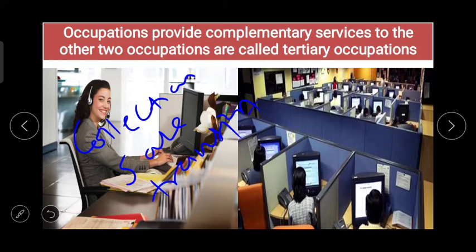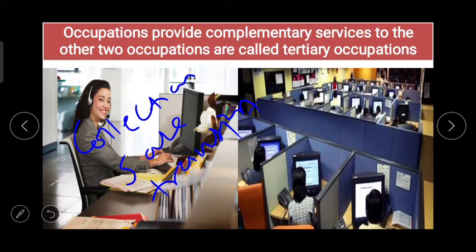ट्रांसपोर्ट एंड सेलिंग. उसे एक जगह से, जिस फैक्ट्री में वो बन रहा है वहां से कहीं और लेके जाना है और उसे बेचना है. So many a times these occupations provide complementary services to the other two occupations, and such occupations are called tertiary occupations. क्या कहा जा रहा है उन्हें? Tertiary occupations.